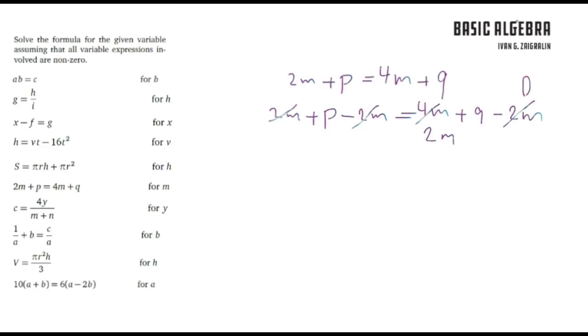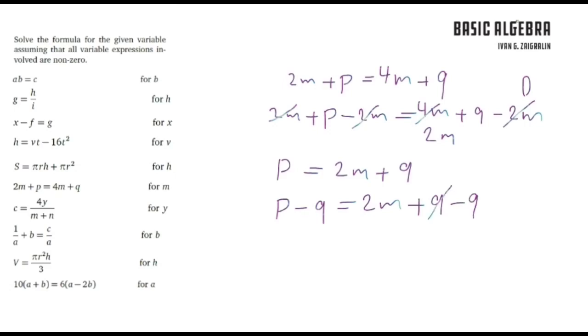So p equals 2m plus q, and in the next stage we should subtract q from each side. So p minus q equals 2m plus q minus q.